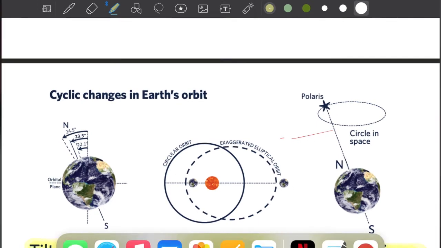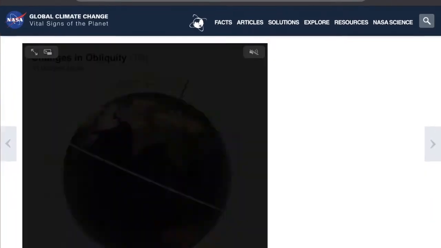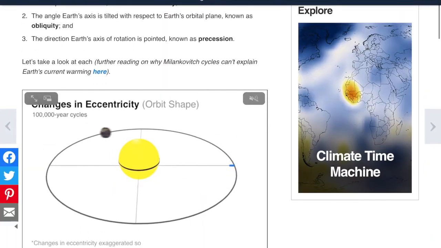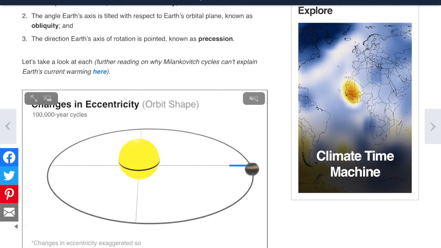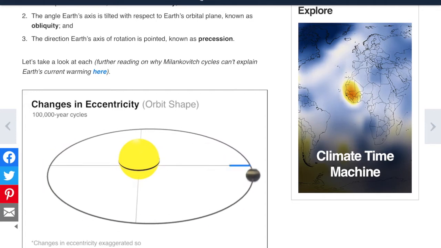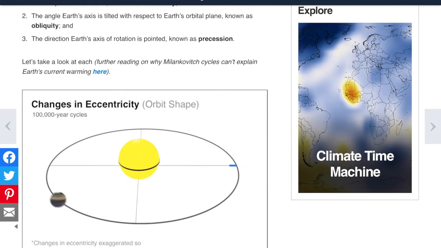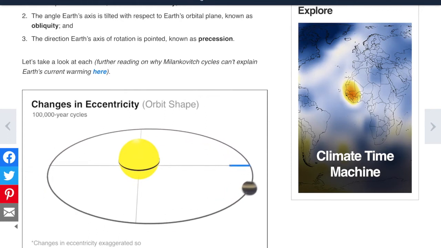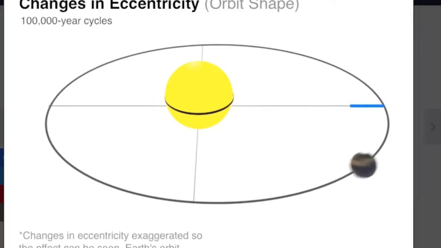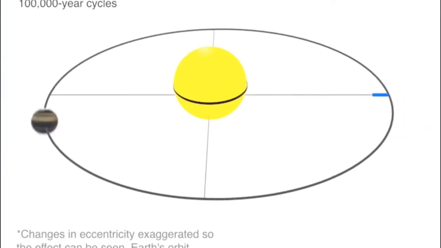I will show you an animation regarding the same, then it will be really easy for you. This is the NASA website and here you can see that the first thing is called eccentricity. Over 1 lakh years, the Earth's orbit changes from circular to elliptical. So less circular, it's not completely circular, but less circular to elliptical. Okay, is this clear? And you can see that the eccentricity is varying between 0.034 and 0.058. Check the value over here.